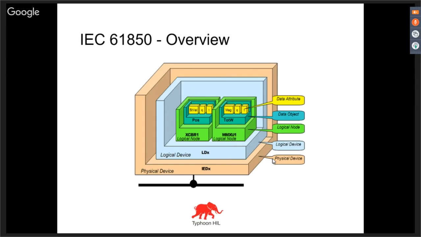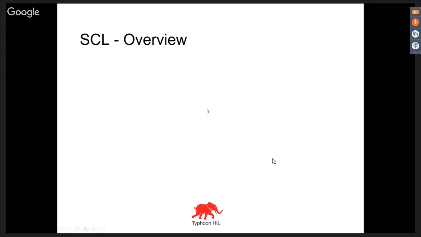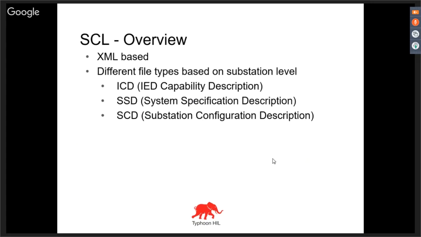Standardizing this structure, and the device names, node names, object names, and attribute names, is the primary goal of IEC 61850. And all this is done through the SCL notation. This SCL, or configuration language, is XML based, and there are different file types based on substation level.